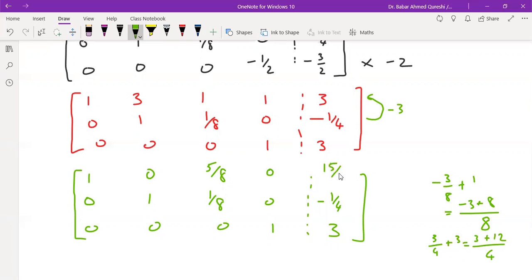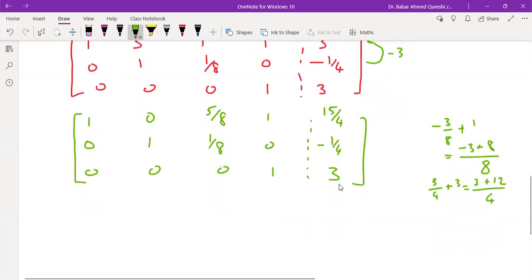Wouldn't the first row, fourth entry be 1? First row, fourth entry. Yeah, this is 1. So this is 15 by 4.